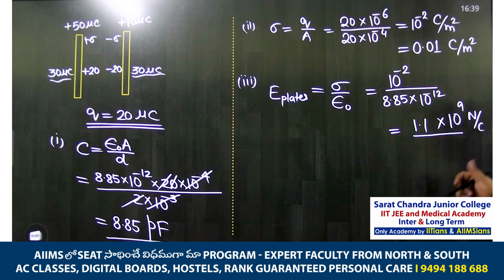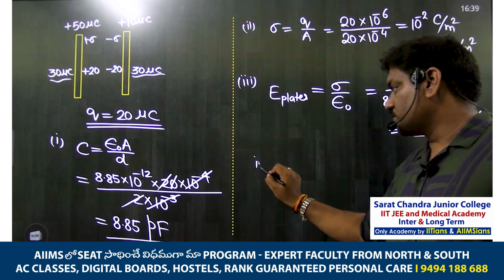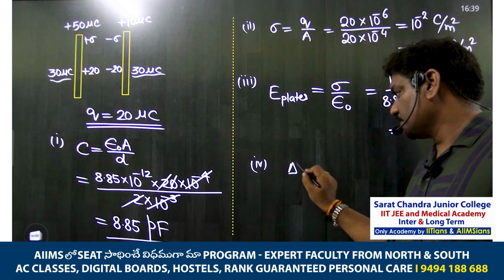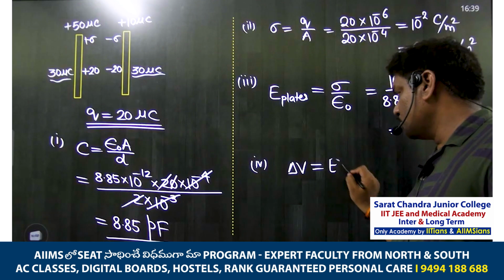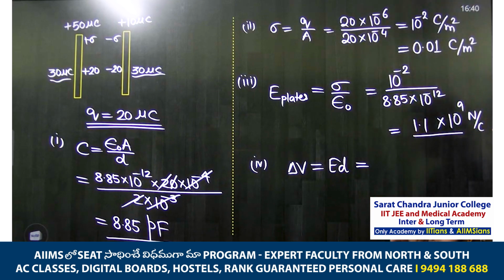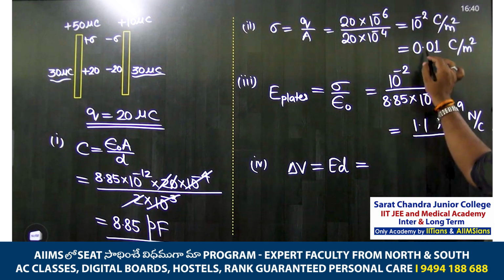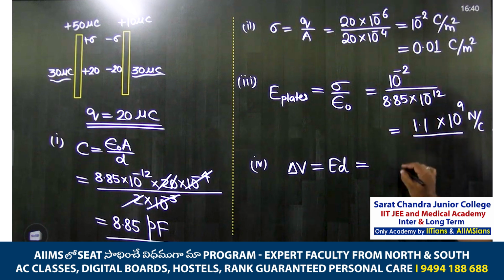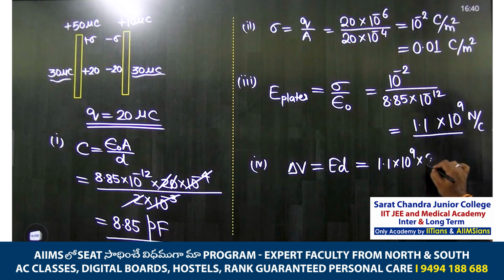All right. And what about potential difference? It is E into D. You can apply E into D also. You can apply Q by C also. Both ways it will give you the same thing. So E is this and D. So 1.1 into 10 to the power 9 into D, that is 2 into 10 to the power minus 3.